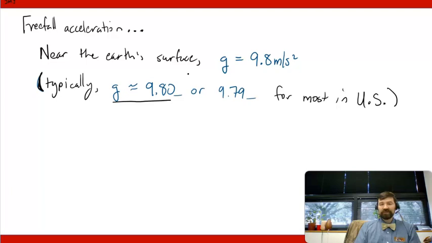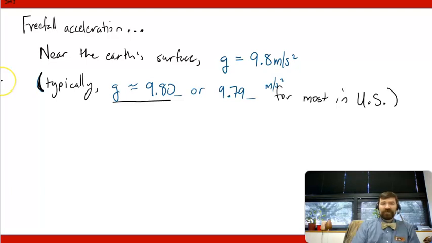Most of the 9.79 values actually round up to 9.80. Most of the 9.80 values typically round down, but they can be a little higher and a little lower. So we'll typically use 9.80, in meters per second squared.